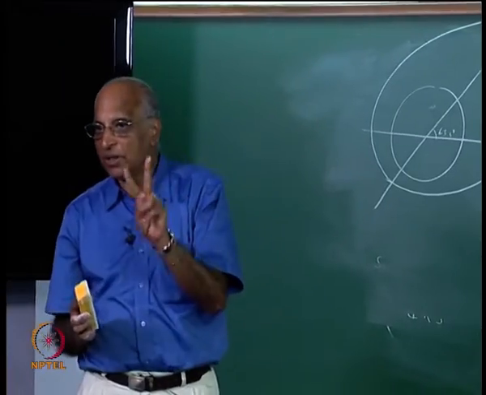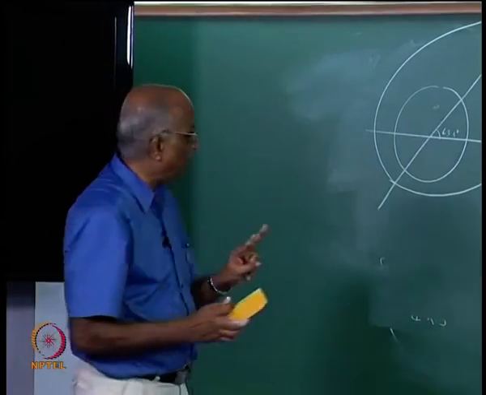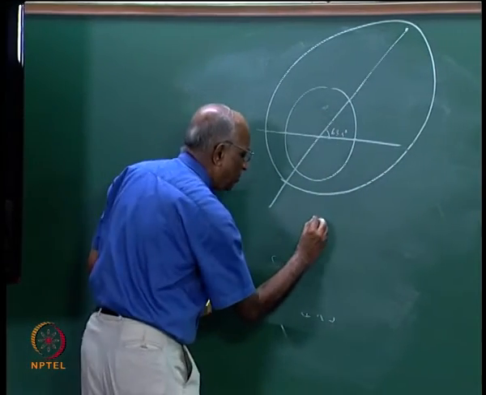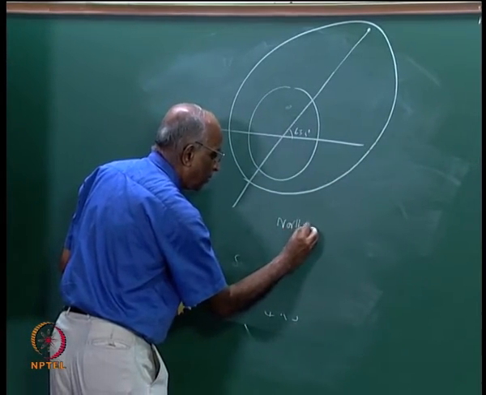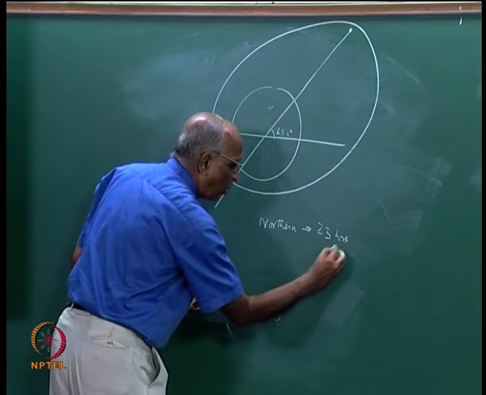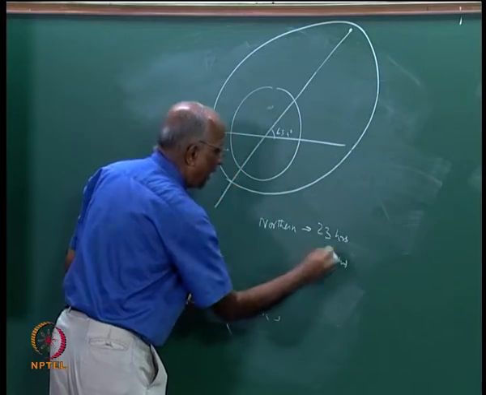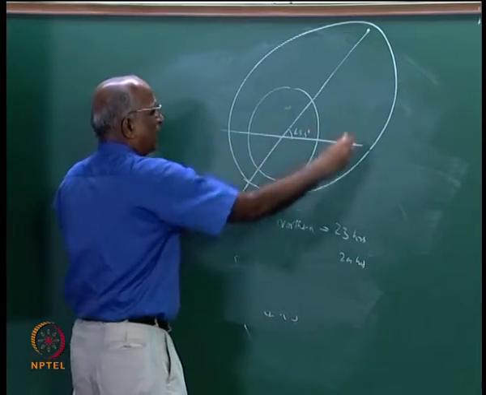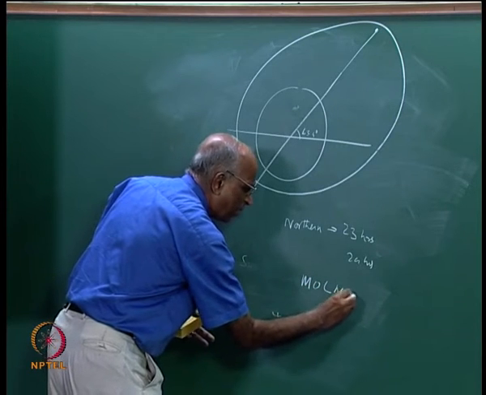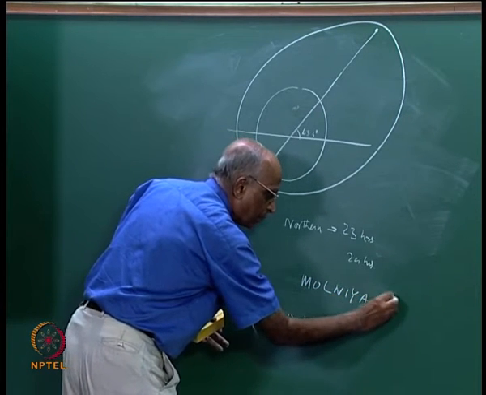Equal areas in equal times, Johannes Kepler's law. Therefore it spends much more time in the northern hemisphere, something like 23 hours out of 24, and this type of highly elliptical orbit is what the Russians call the Molniya orbit, and they operate it.